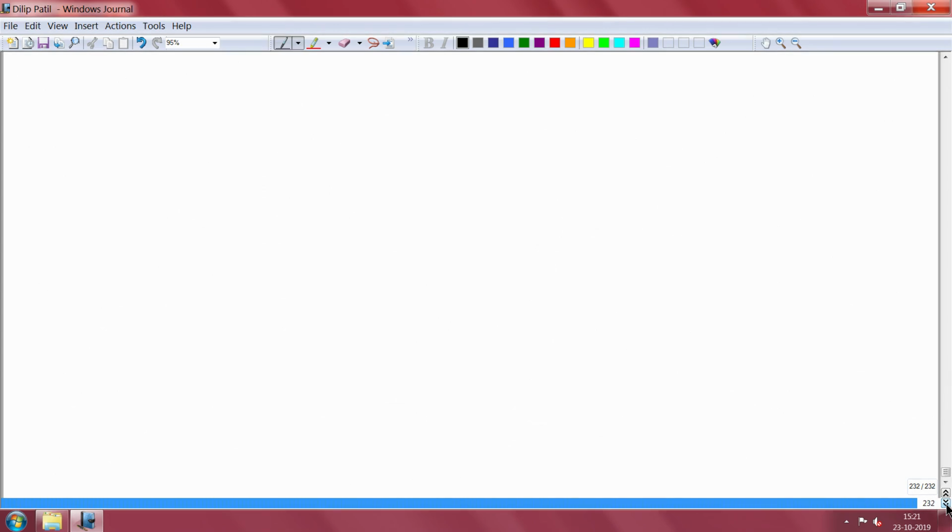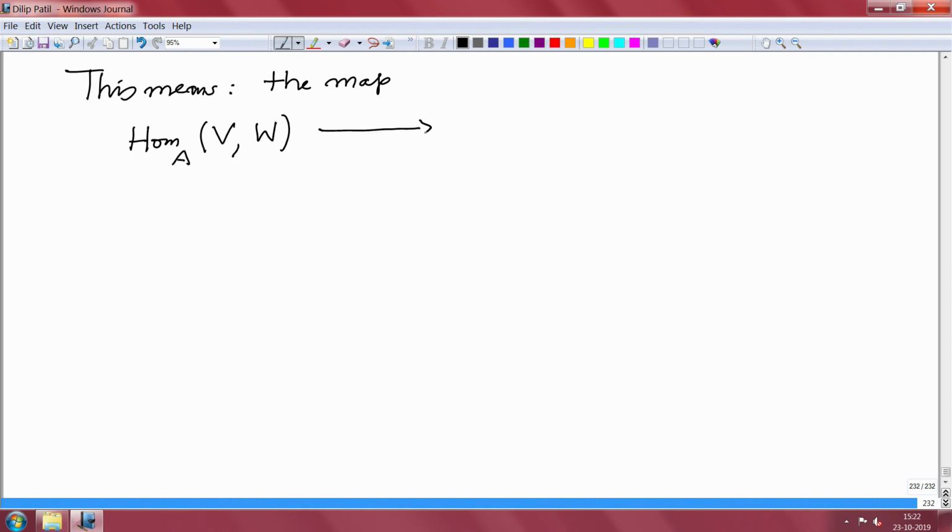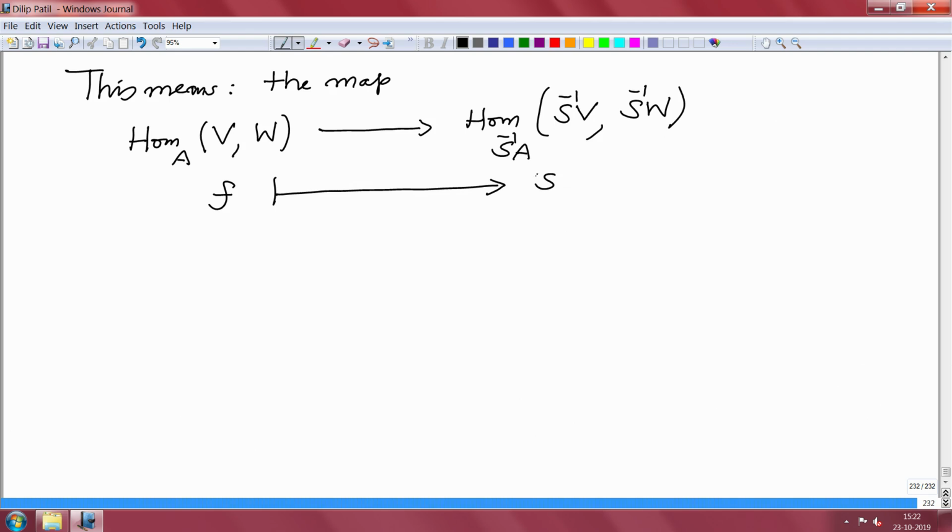It means we have defined a map from Hom A V W to Hom S inverse A, S inverse V to S inverse W. The map takes any homomorphism f to S inverse of f.